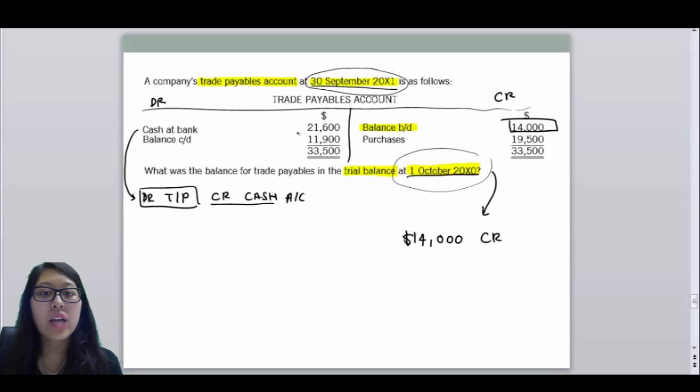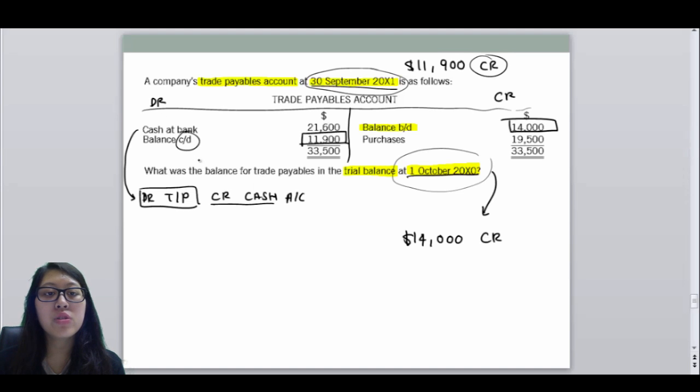And even though at the moment the closing balance is on the debit side, when the figure opens on 1st October 2001, it's going to move to the credit side of the account. So currently, it's simply shown on the debit side to balance both sides and to show that it's going to become a balance BD on 1st October 2001 on the credit side.